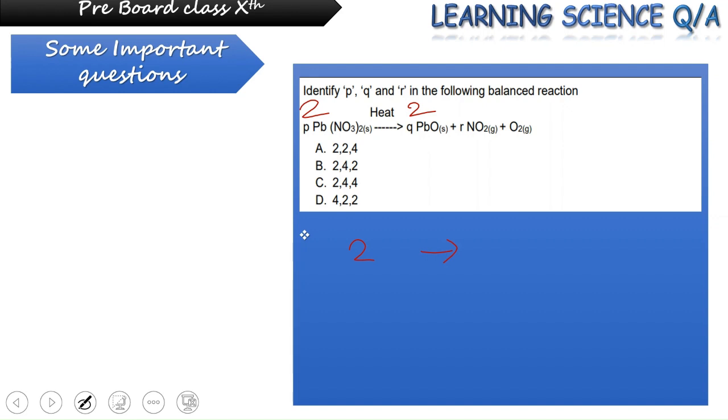That means before balancing, we were having 2 nitrogen here. After balancing, we are having a total of 4 nitrogen, and at the product side we have only 1 right now. So when we put 4 here, we would have 4 NO2 at the product side as well as 4 nitrogen at the reactant side.